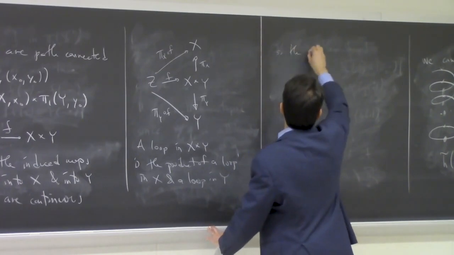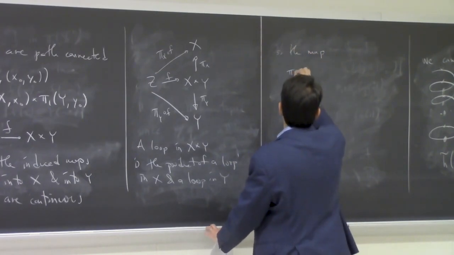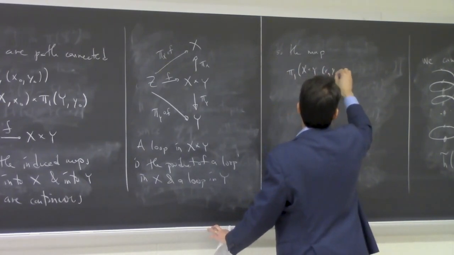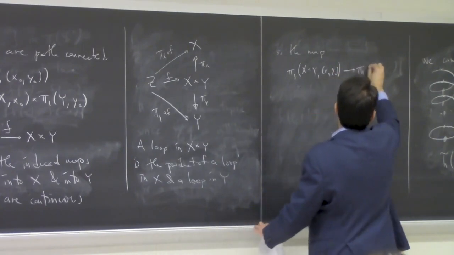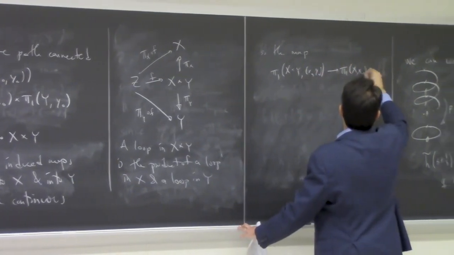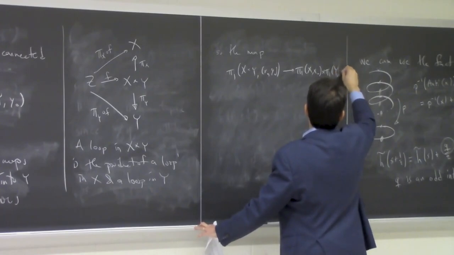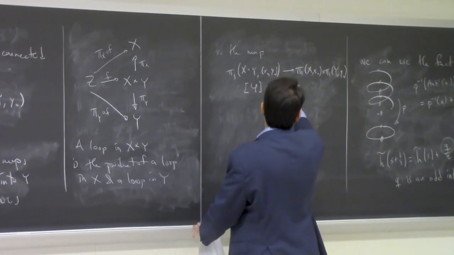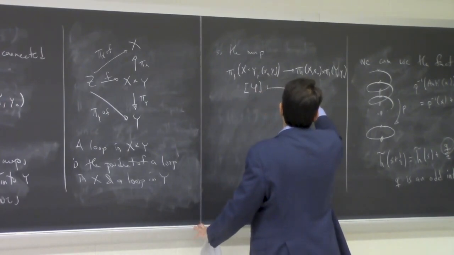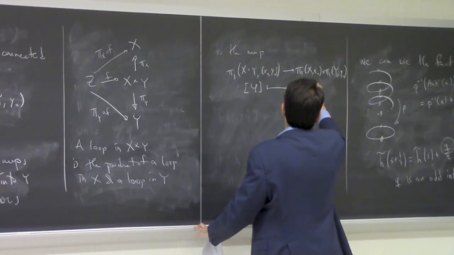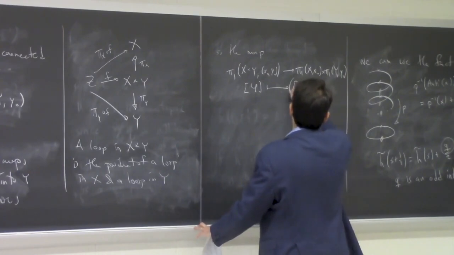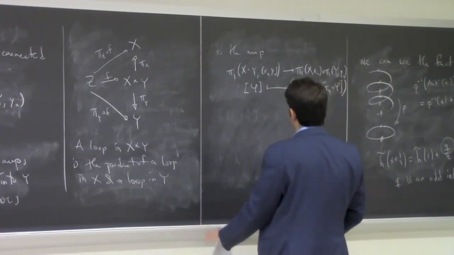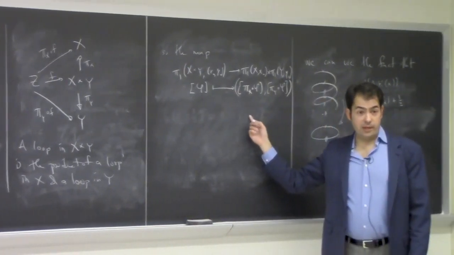So the map pi_1 of X times Y, base point (x naught, y naught), to pi_1 of X at x naught times pi_1 of Y at y naught, given by sending the class of a loop to the class of the loop in X and the loop in Y. Well, first of all, it's well defined, right?